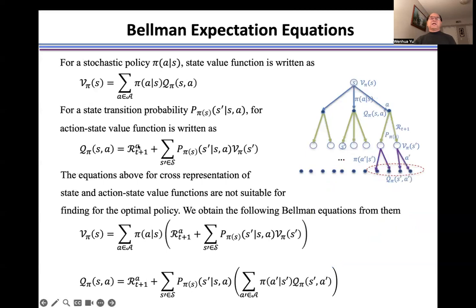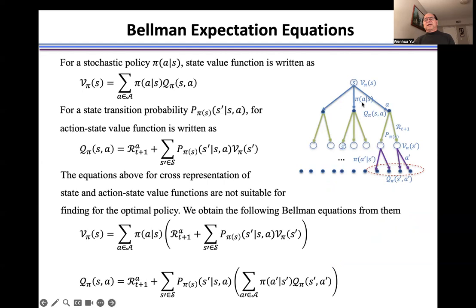And then we can use the Markov decision process backup diagram to see the relation between the state value function and the action state value function. From here, we can clearly see V is here, Q is here.